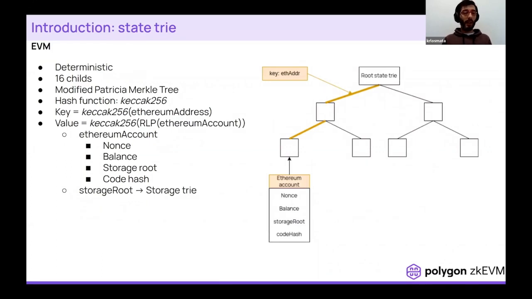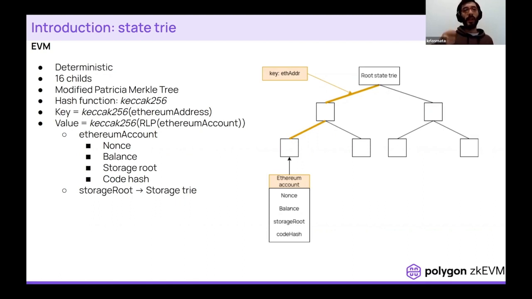If you are familiar with Ethereum, you may know that the Merkle tree that Ethereum uses is a modified Patricia Merkle tree. The main properties are that each level has 16 children and the hash function is Keccak-256. There is one important thing here: the values inside a leaf of the Merkle tree.